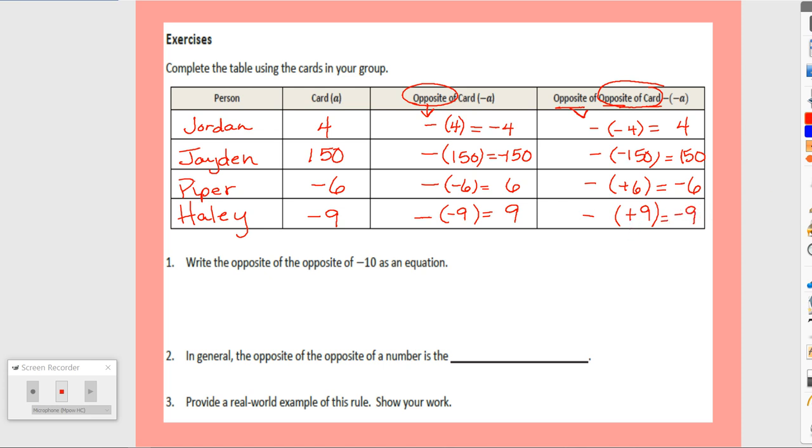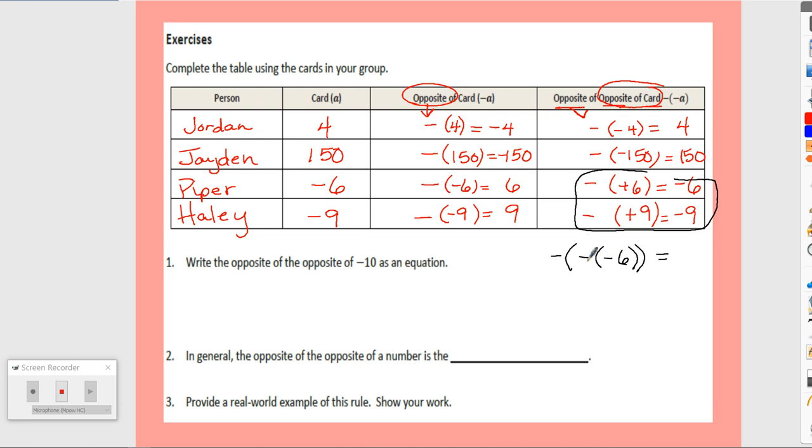Now I also want to show you that these down here could have also been written like this, and it's going to seem kind of odd, I think, to you. So we started with just this -6, and then we took the opposite of it, and then we had to take the opposite of that.